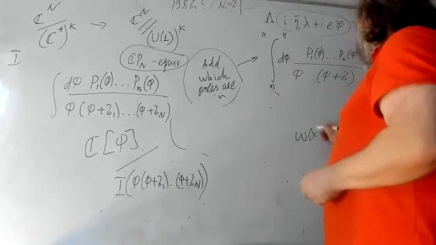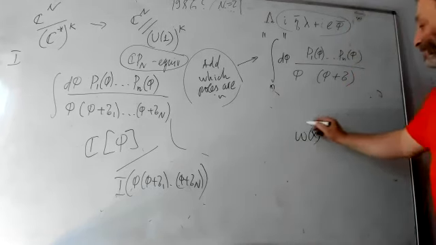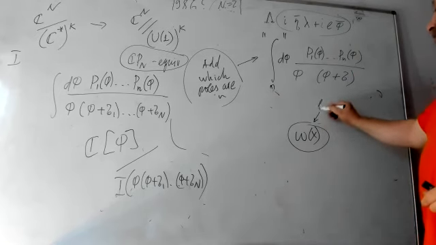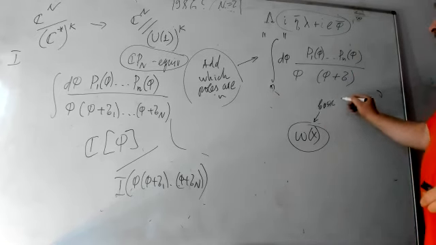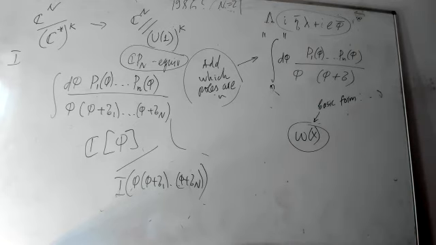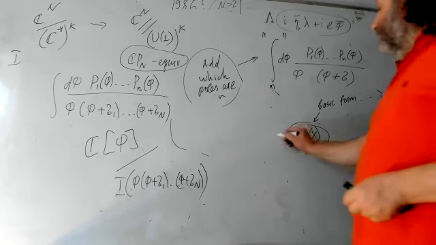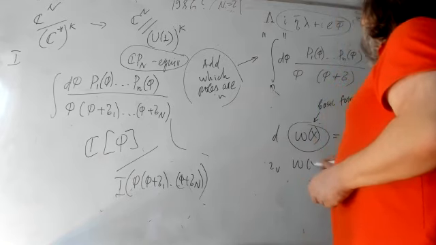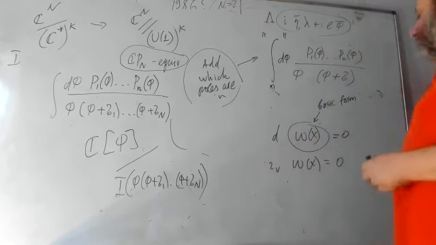But let us see why here the product is deformed. Product is deformed because suppose you take the basic form. So d of this is 0 and iota of this is 0, okay?